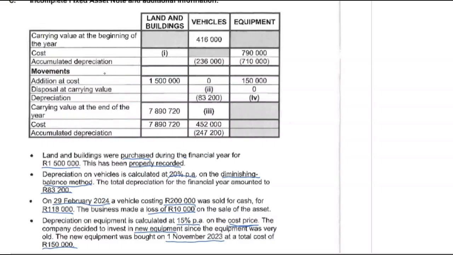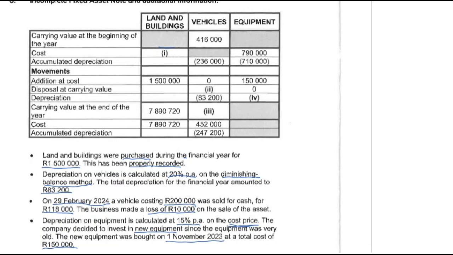So where does this equation come from? Well, if you look at the fixed asset note, you can see that if you take the carrying value at the beginning of the year plus additions at cost, minus disposals at carrying value, minus depreciation, you are going to get the carrying value at the end of the year. So that's where the equation comes from.